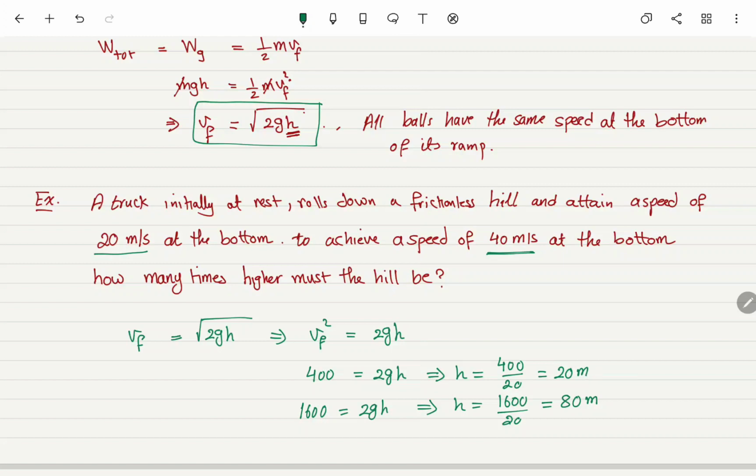When we doubled the speed to 40, the height is 4 times the initial height. So h2 is actually equal to 4 times h1, because the relation between the height and velocity is that h is proportional to the square of v.